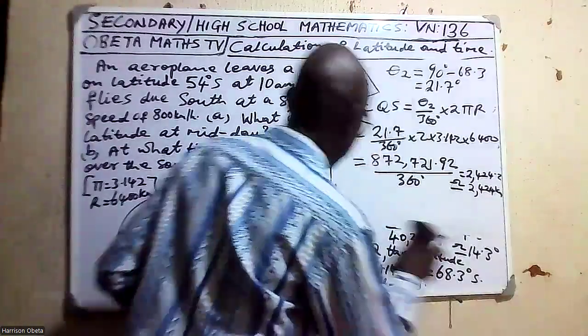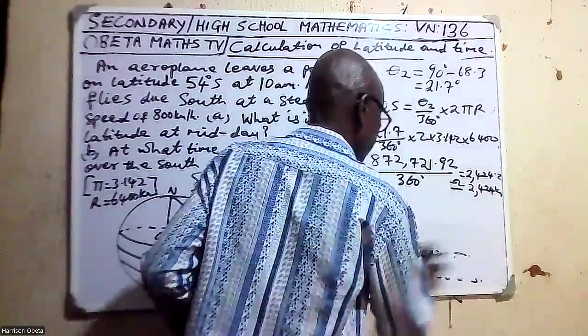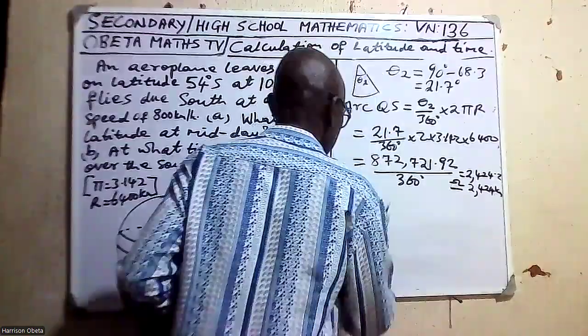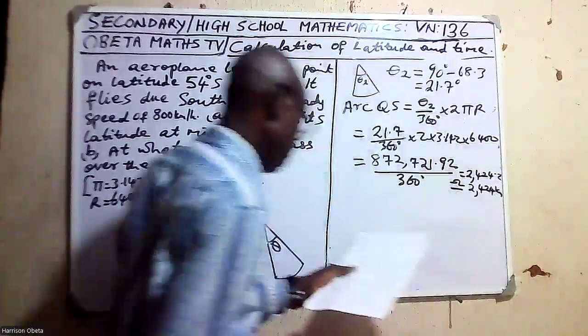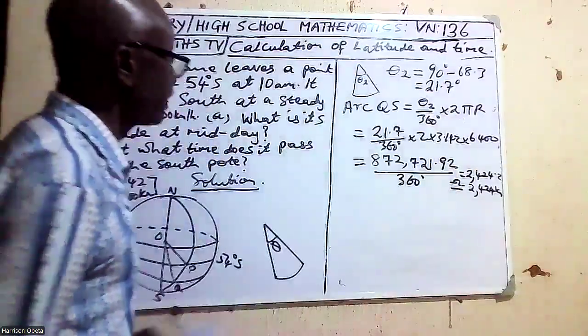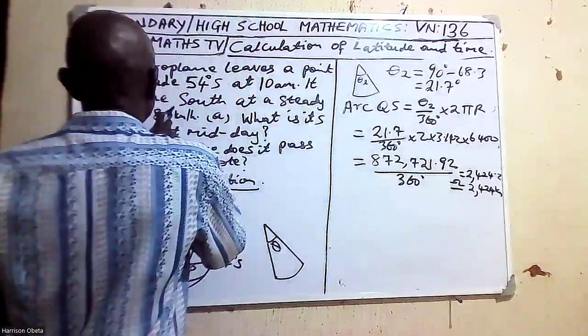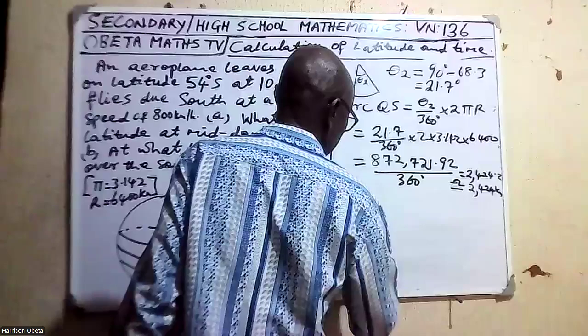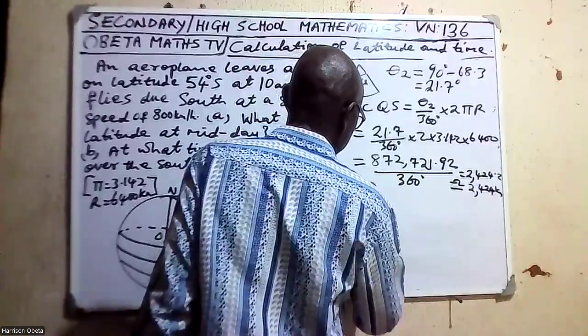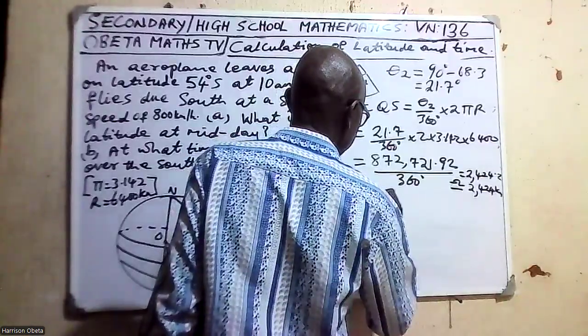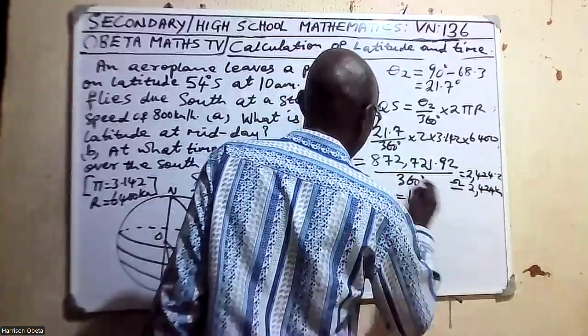So we now check the time it takes to pass over the South Pole. Remember that from the question, every 1 hour the plane covers 800 kilometers. So 800 kilometers will give us 1 hour.